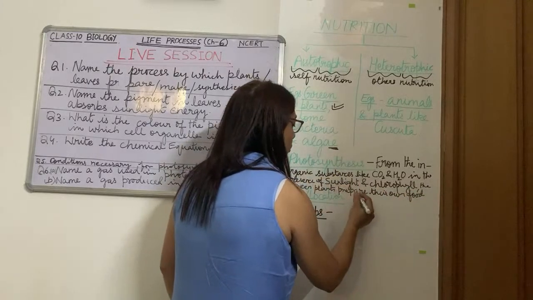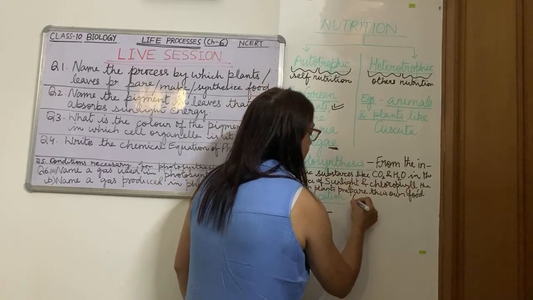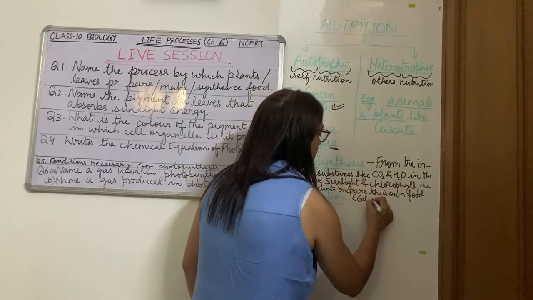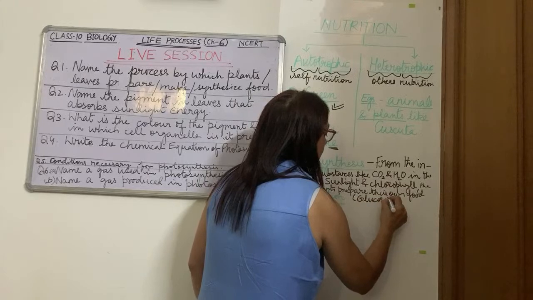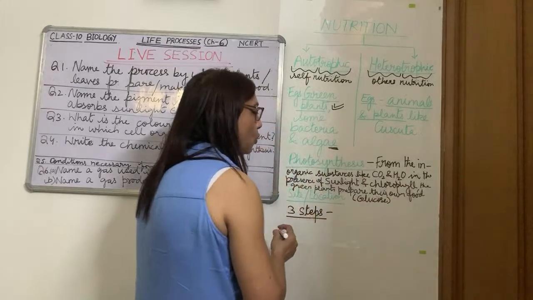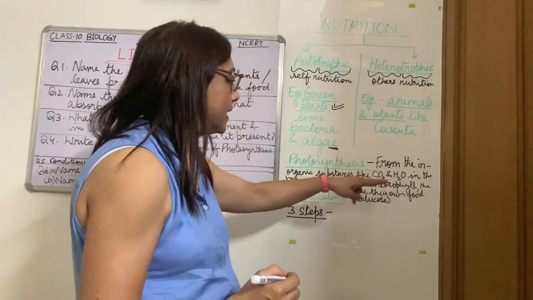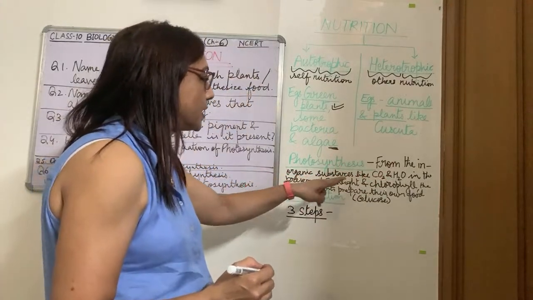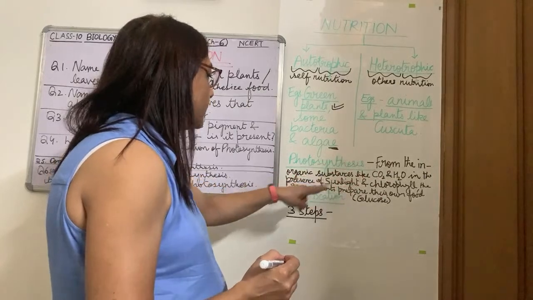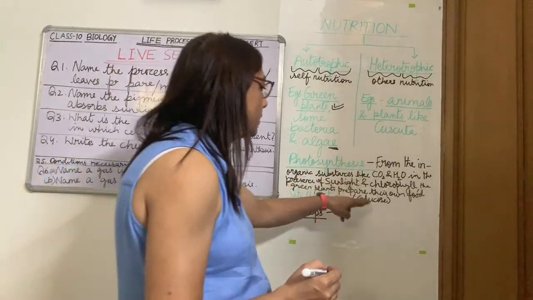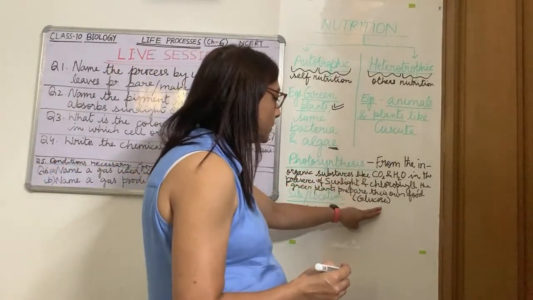And that food is in which form? It is in the form of glucose. Food is prepared in the form of glucose. So from inorganic substances like carbon dioxide and water, in the presence of sunlight and chlorophyll, the green plants prepare their own food.